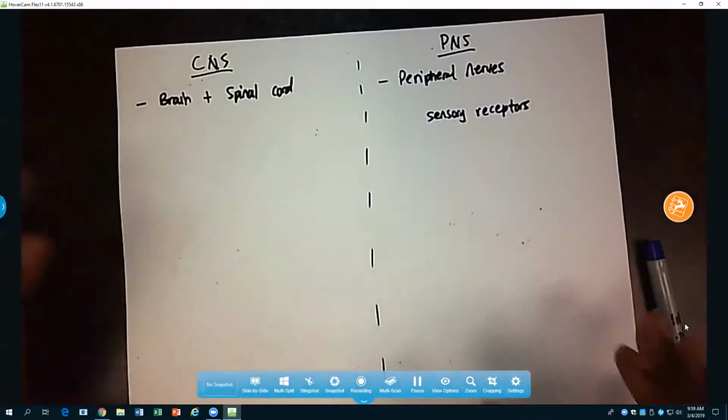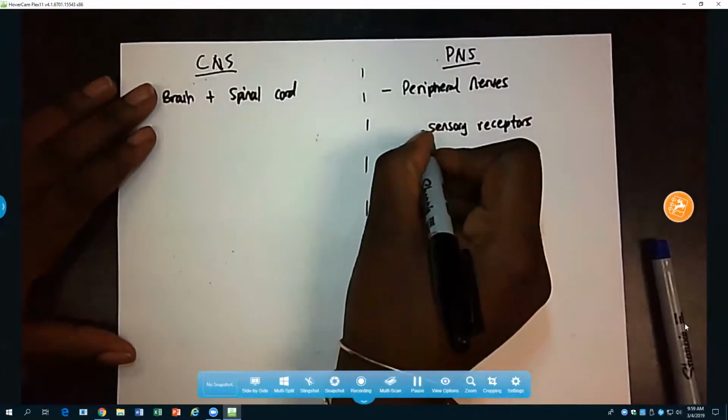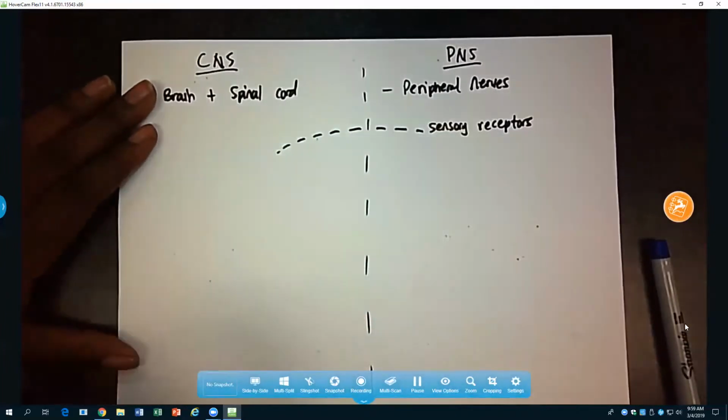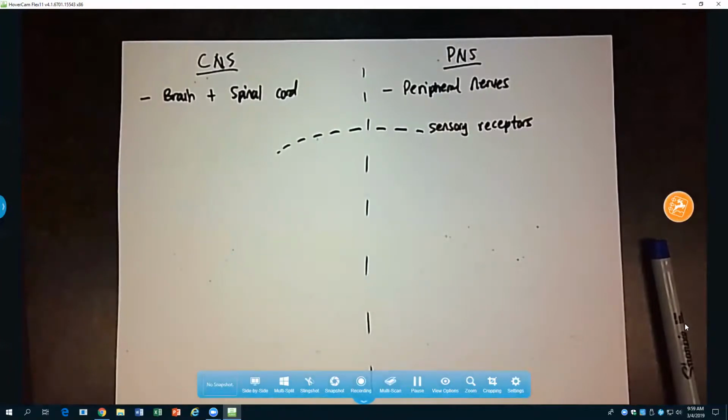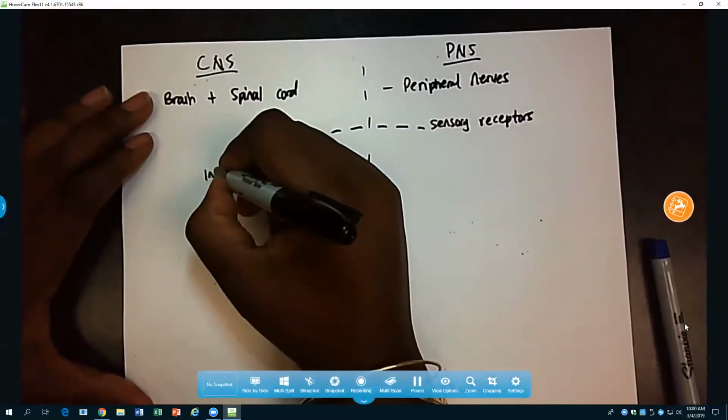And these pick up information about the world around us, and they relay that information to the central nervous system. What do we call those centers, specifically in the brain? Integrating centers, right? So integrating centers in the CNS.